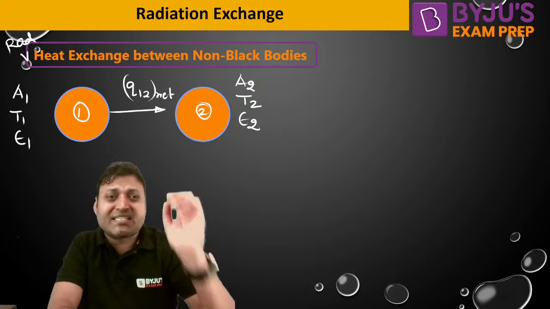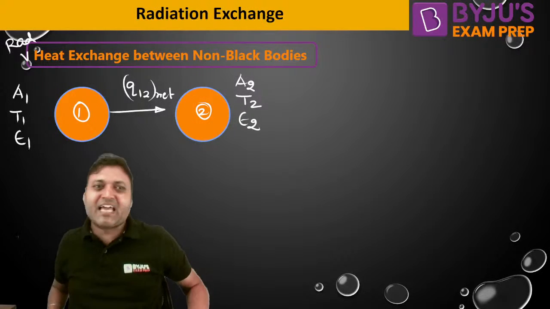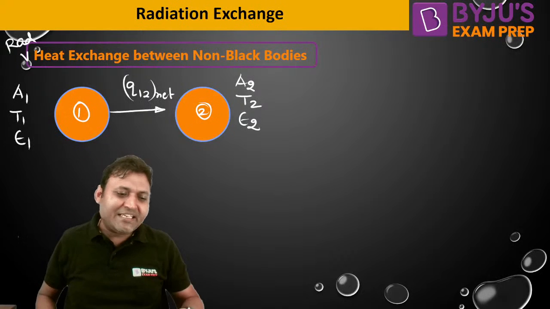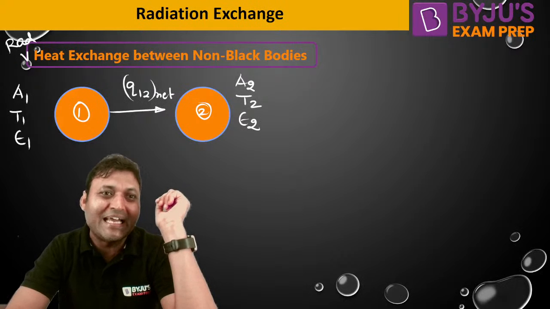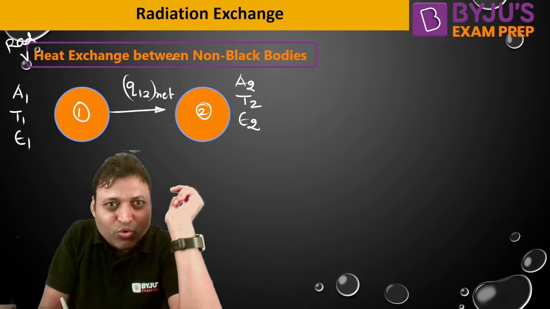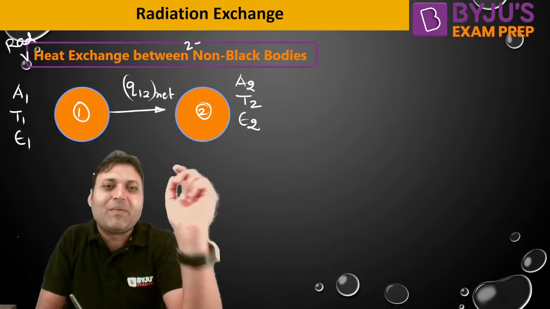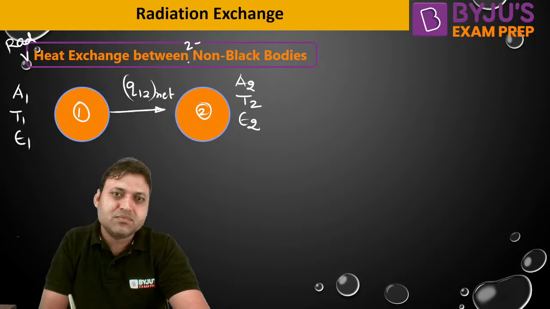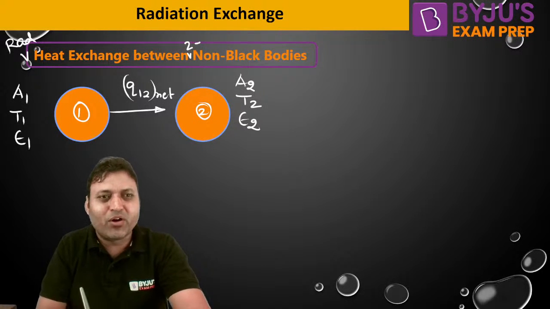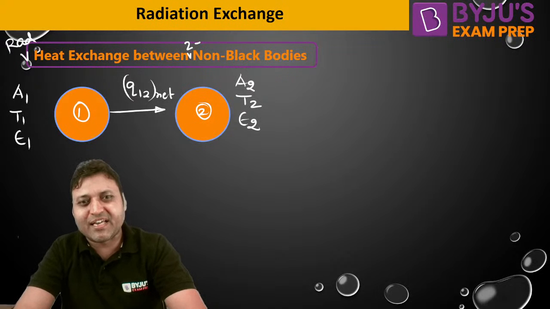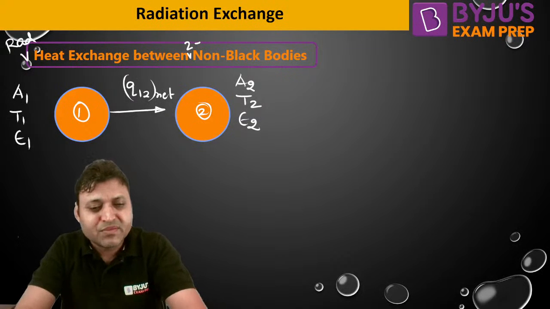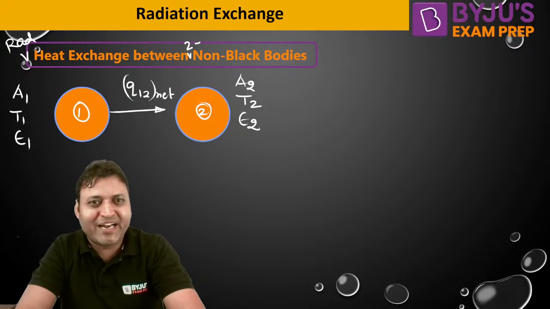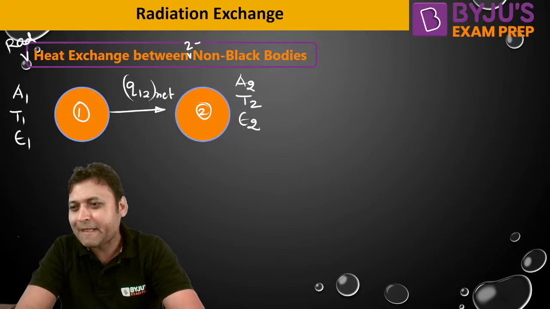Now, can you just let me know, if we draw the circuit diagram, how many thermal resistances will come into picture between two non-black bodies? What is the number of thermal resistances? Can you draw the circuit diagram for the radiation exchange between 1 and 2, Q12?